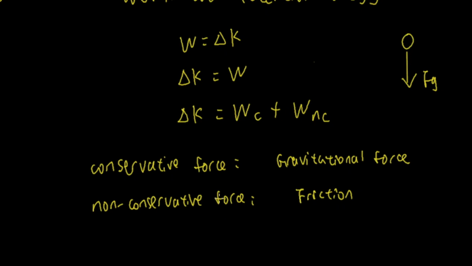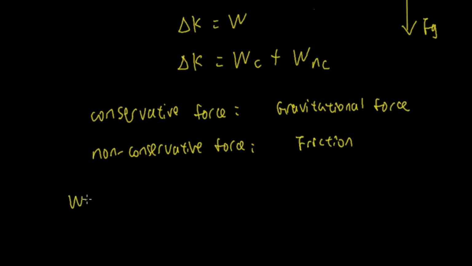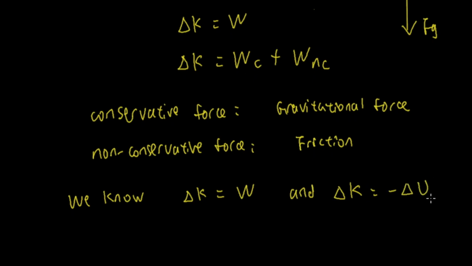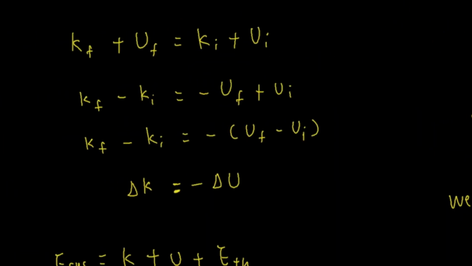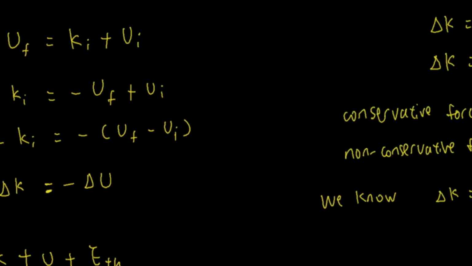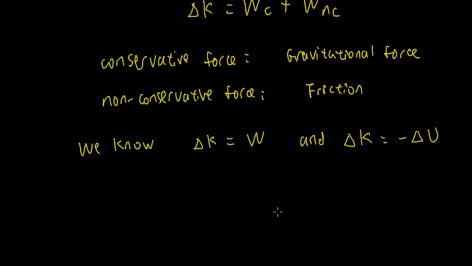So in that case, we also know this, right? We know from earlier that change in kinetic energy is equal to work done, and change in kinetic energy equals negative change in potential energy, as I mentioned here. Then we can associate work done by conservative force with change in potential energy.